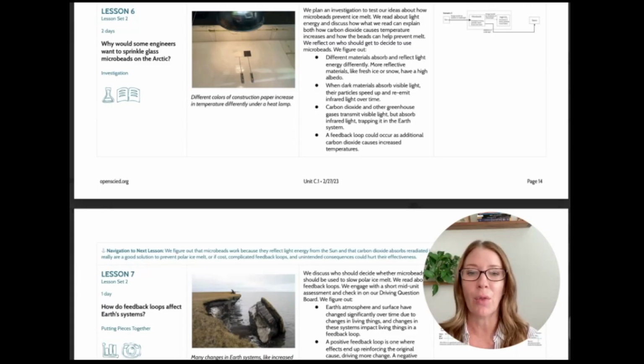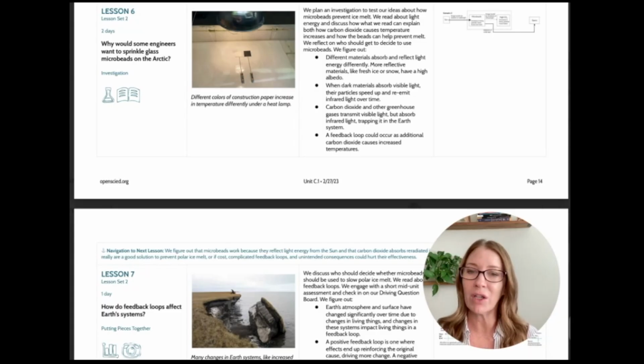And then the dark materials absorb these particles and infrared light over time. We then relate it to carbon dioxide and other greenhouse gases and their ability to reflect and absorb the light energy and the infrared light, and how the carbon dioxide traps it in the system. It re-emits it into the system and traps it.